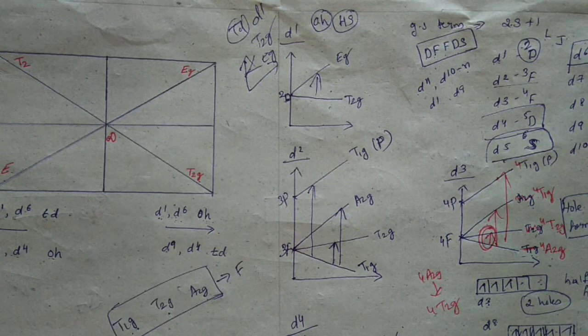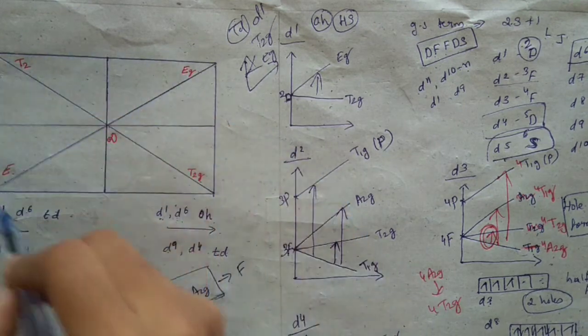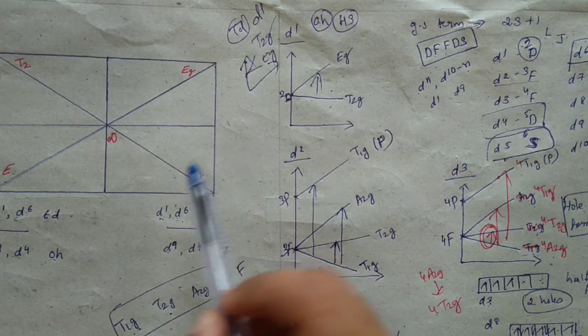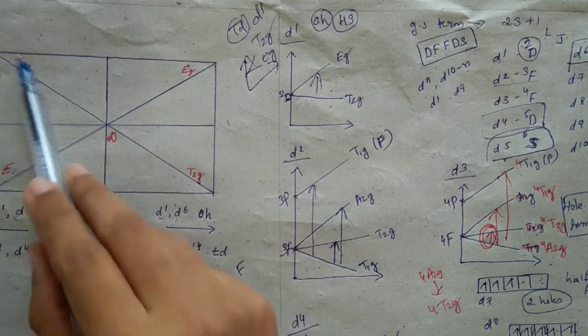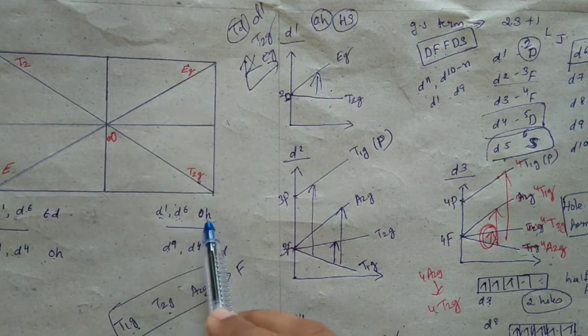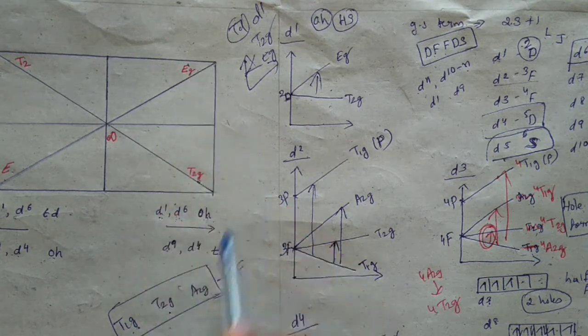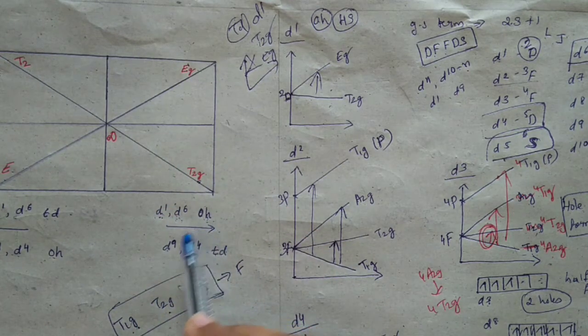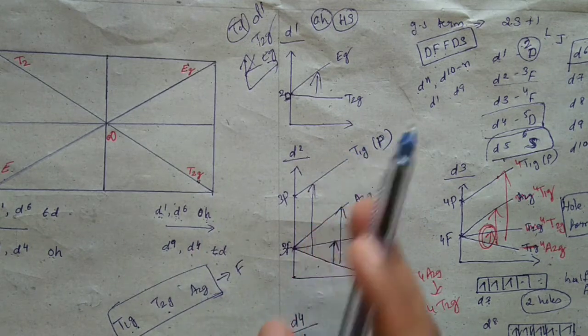A simple way to study the Orgel diagram is what? This is the general form for D1, D4, D6, D9. So T2g, Eg and E, T2. For D1, D6 octahedral, T2g, Eg, and for D9, D4 tetrahedral on this side.